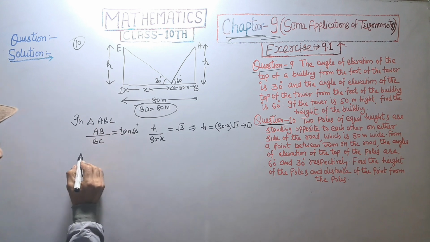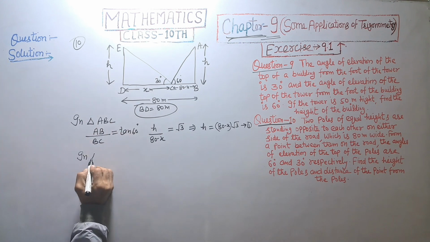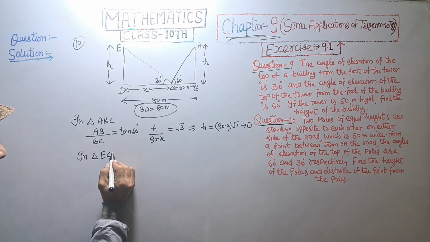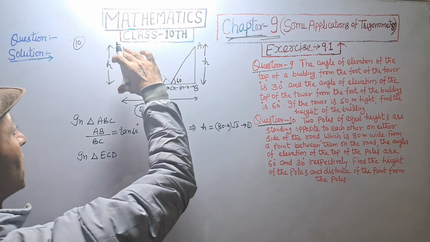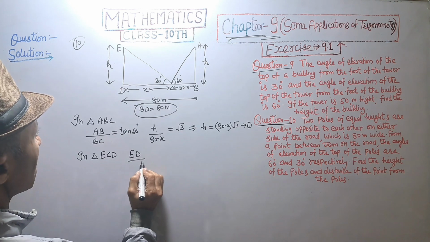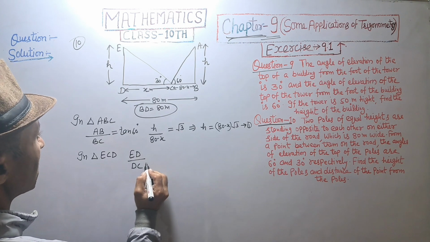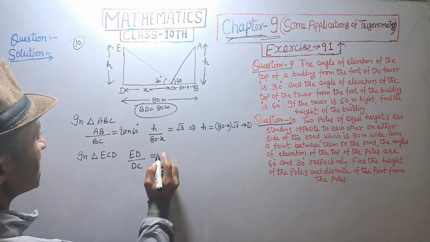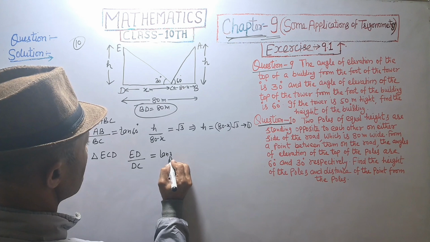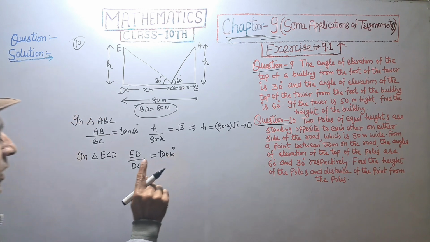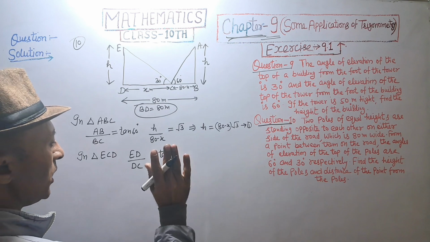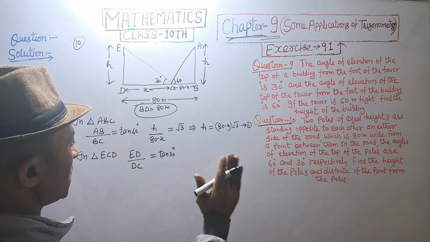And another triangle ECD. In triangle ECD, ED upon DC is equal to tangent 30 degree. Value of tangent 30 degree is equal to 1 upon √3.